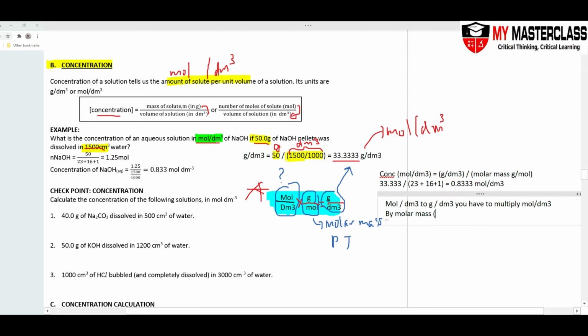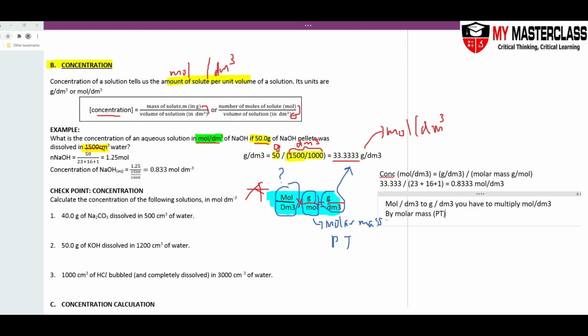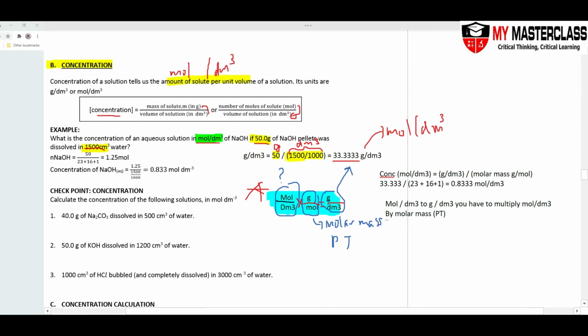Get the molar mass from your periodic table. To convert mole per dm cube to gram per dm cube, you multiply the mole per dm cube by your molar mass.